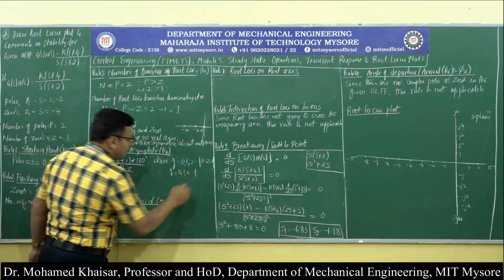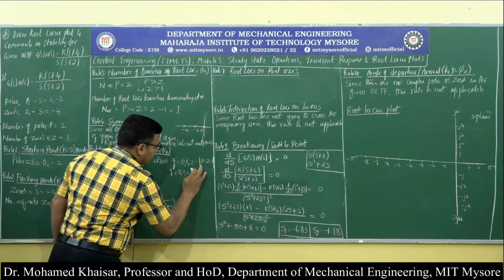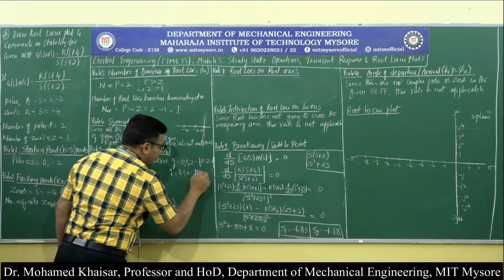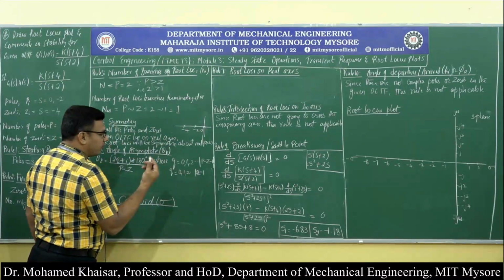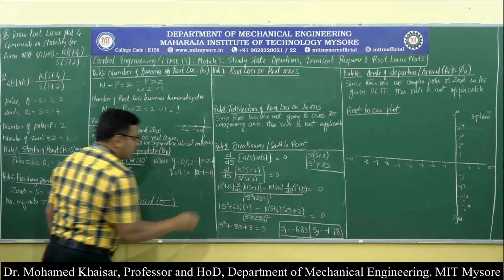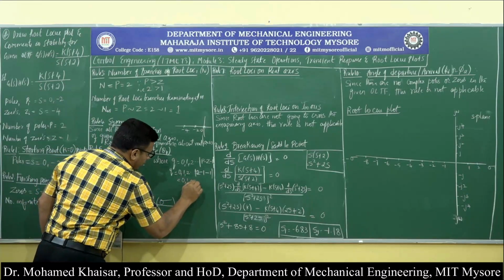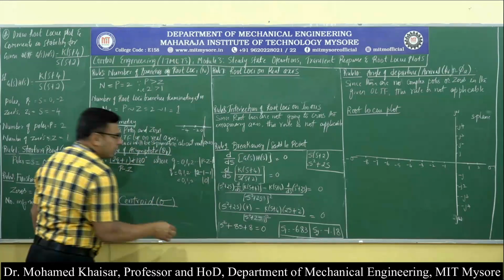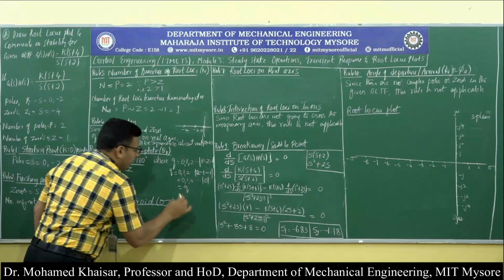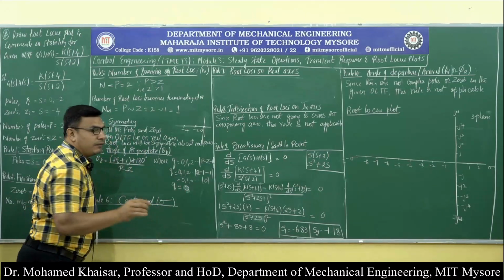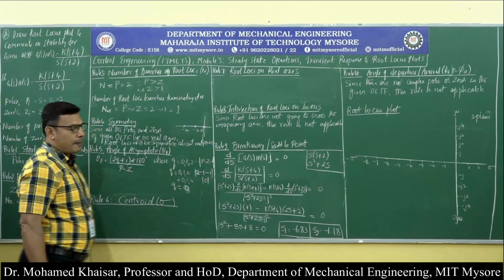Total number of poles, it is 2. What is Z? Number of zeros, there is 1 zero. So 2 minus 1 minus 1 is 0, so q is 0, 1, 2, etc. up to 0. That means the value of q should be calculated only for one value, that is 0.